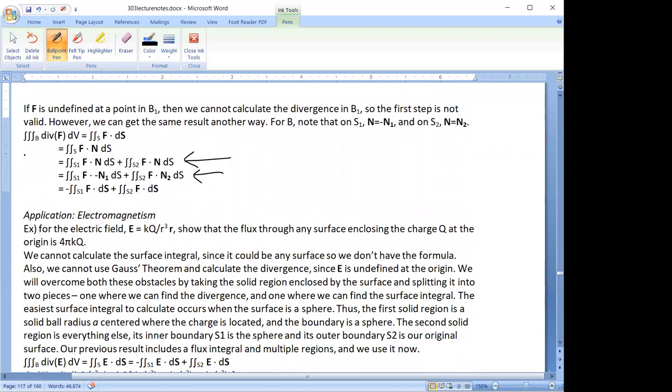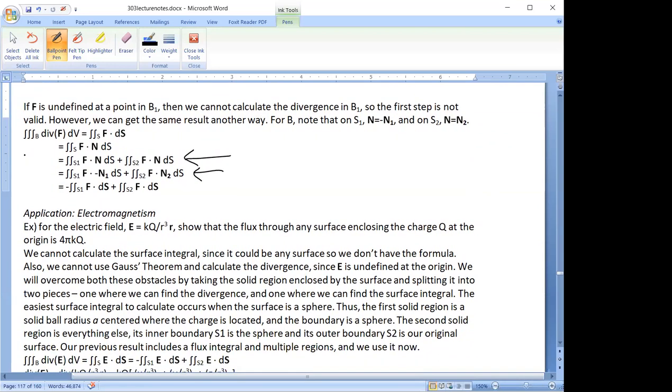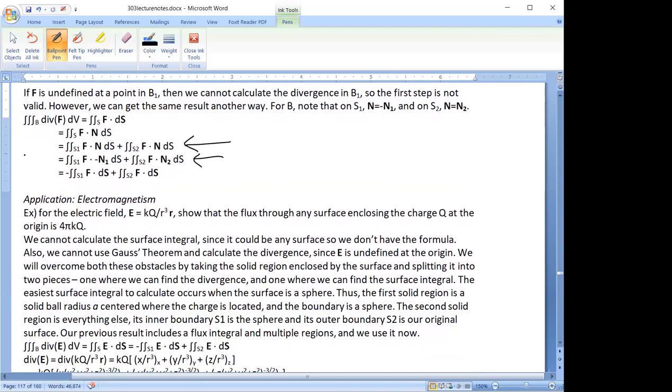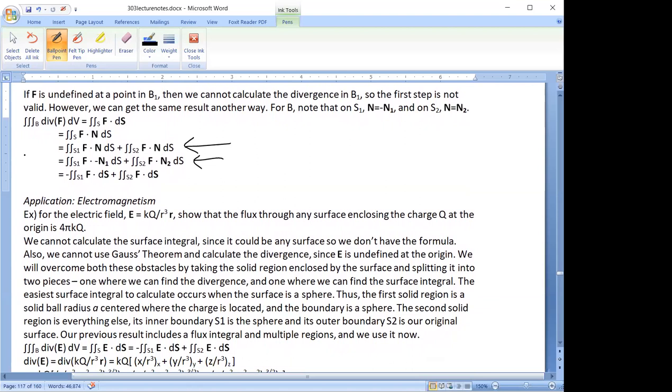Okay. So by the previous result, here's what we want. The triple integral over the entire solid is the same as the double integral over the surface of the vector field dot dS.